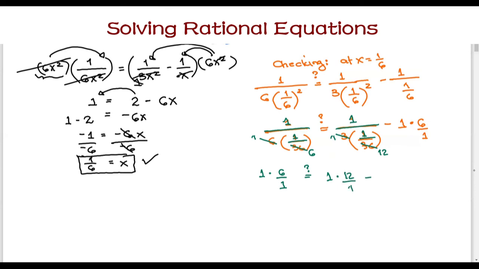Minus, how do you simplify this? This is only 6. Simplifying further, ito ay 6 na lamang. Sige, question mark pa rin. Ito naman ay magiging 12 na lamang minus 6. What is 12 minus 6? 6. At yun, pareho na sila. So that's how you do the checking.